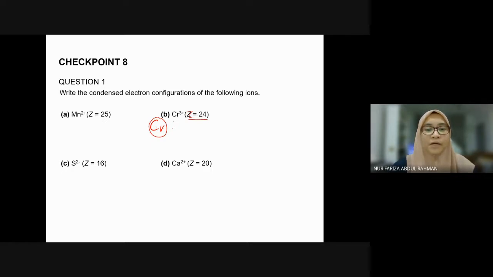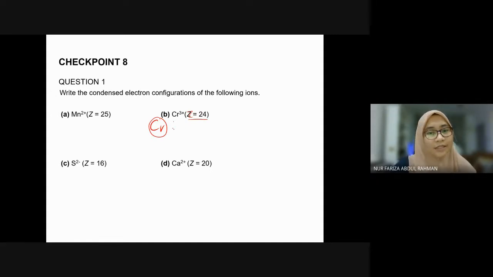This is applicable for the atom. But we know that the atomic number for Cr3 plus is also 24. Sebab kita tahu ni adalah proton number, but in terms of electron number, it's not 24, okay? So it should be 24 minus 3, the electron number is equal to 21.